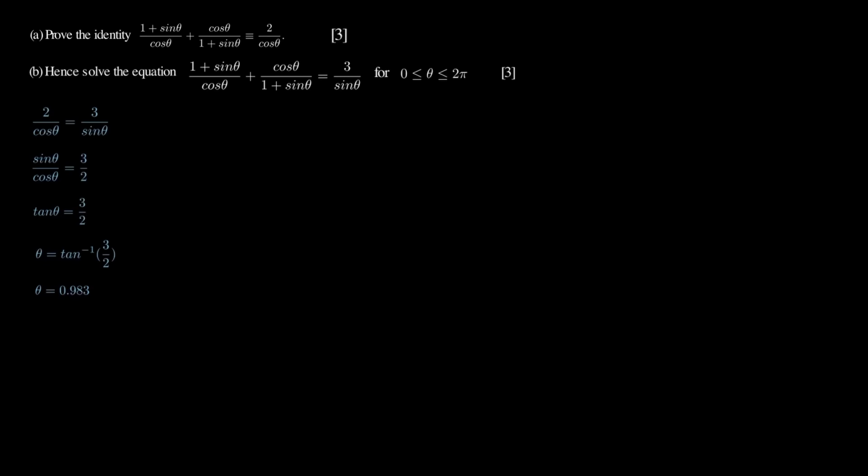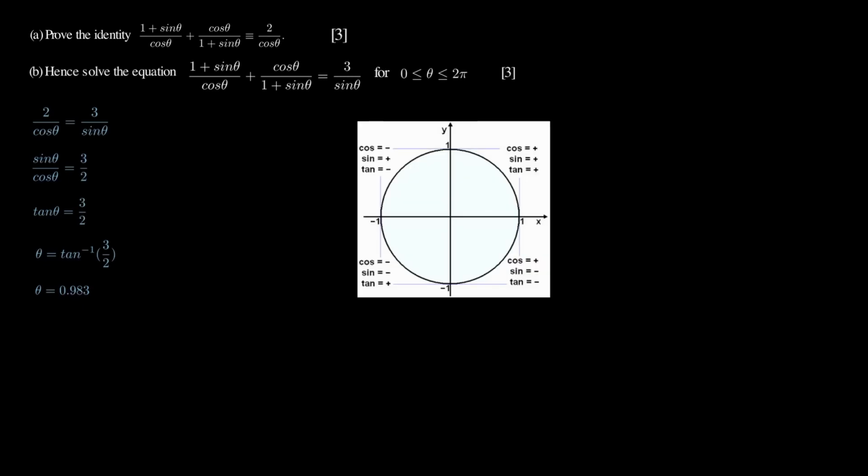Now in order to find the rest of them within the domain, we have to go back and check the circle. Within the circle and those four quadrants, we can find that tangent is positive in the third quadrant. And in order to get the next solution within 0 and 2 pi, we say pi plus the basic angle will give us the answer within the third quadrant.